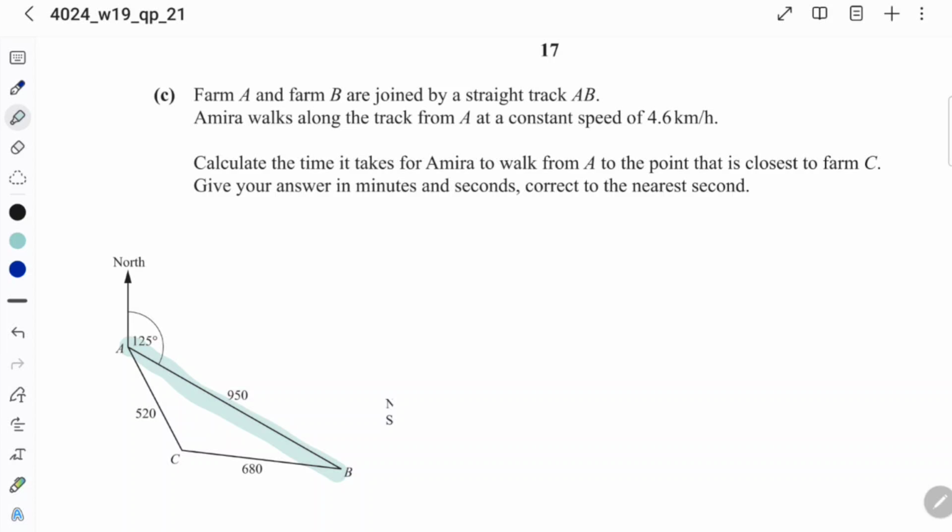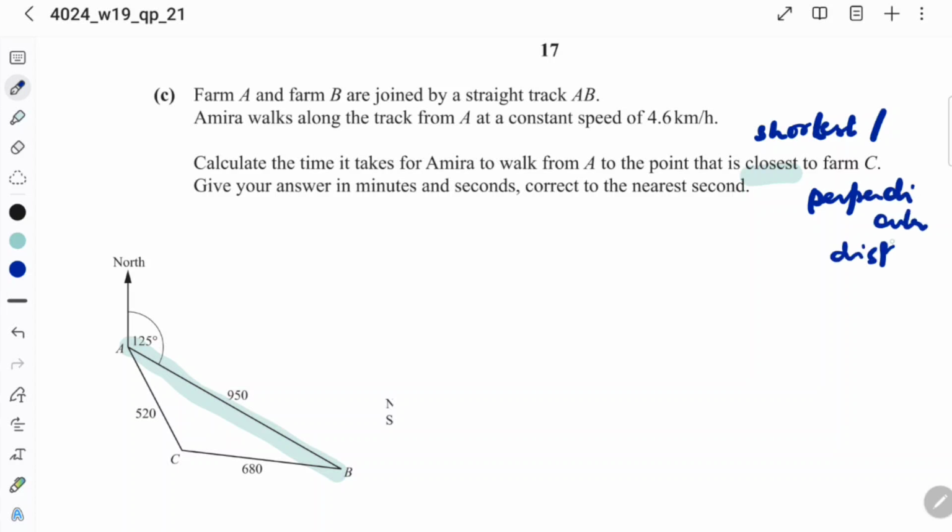Amira walks along the track from A at a constant speed of 4.6 kilometers per hour. Calculate the time it takes for Amira to walk from A to the point that is closest to C. Closest means you either write down the shortest distance or the perpendicular distance. You can use the words shortest or perpendicular distance.